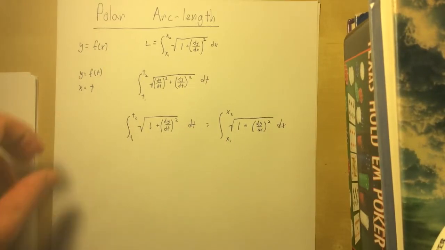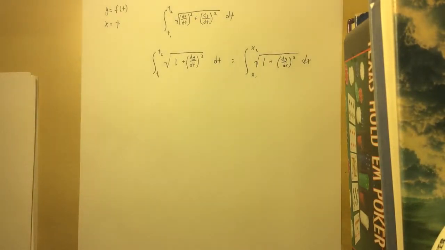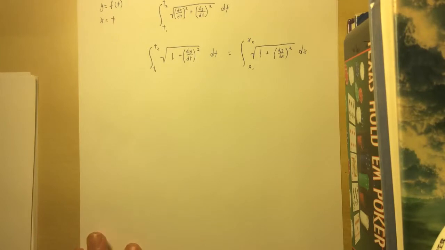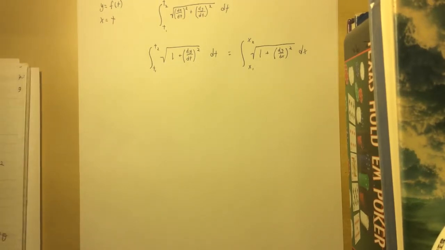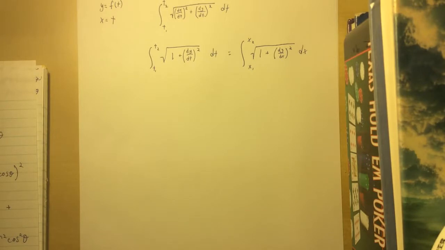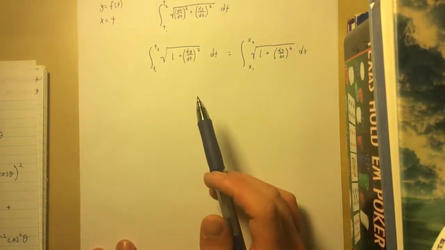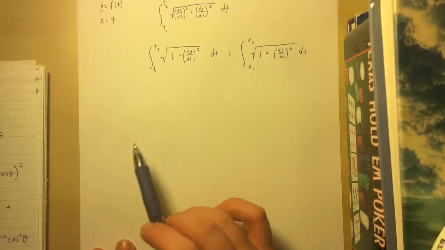From that, we can figure out what the polar arc length is. So let's do that. Remember, the arc length is the integral of the square root of the sum of the squares of the derivatives of the parametric equations.